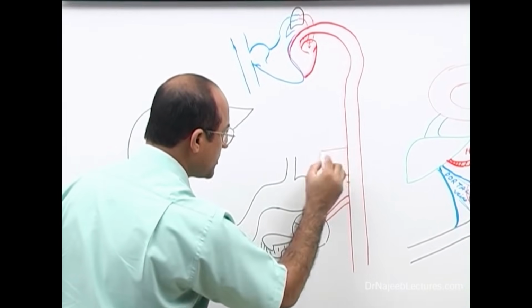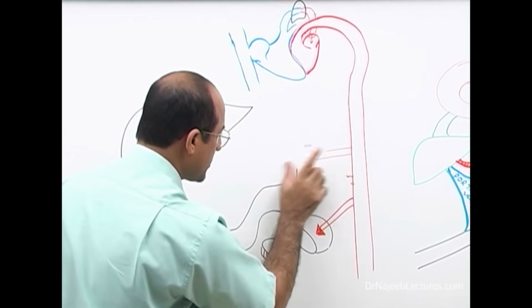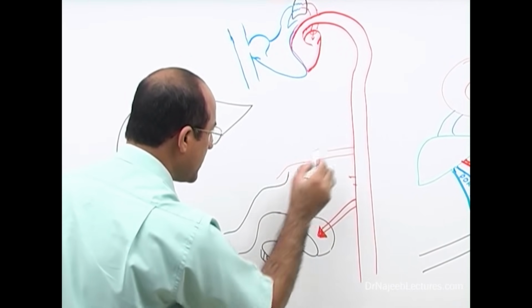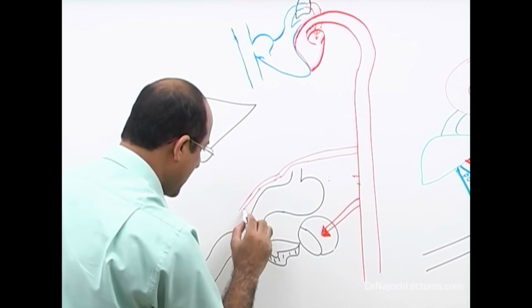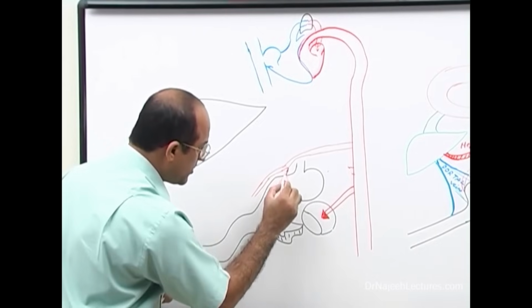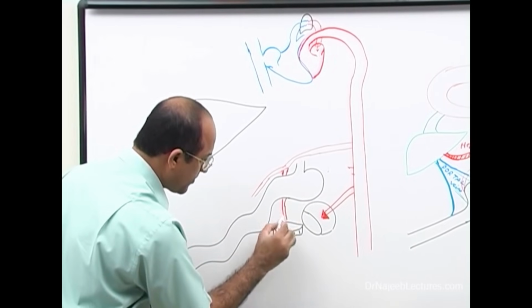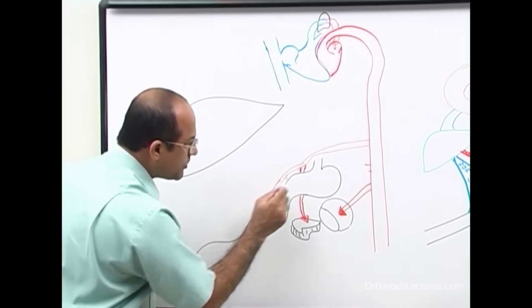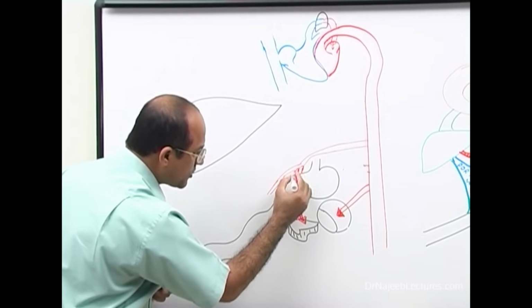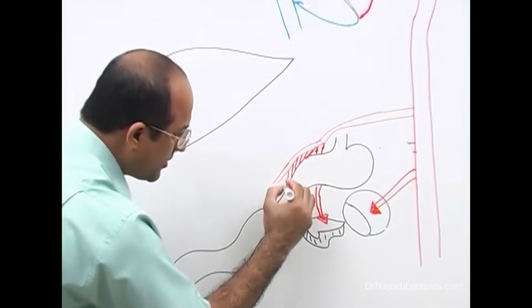Okay, I'll make it from here. Blood is coming to the stomach and then it is coming to, yes, the small intestine, and also from here it is going to, what is this? Pancreas. Is that right?